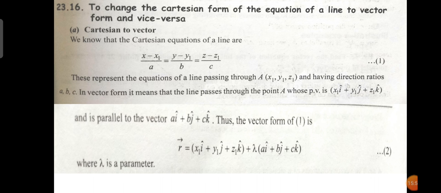That coordinate becomes the position vector, and the direction ratios become the vector which is parallel. That is the vector form.